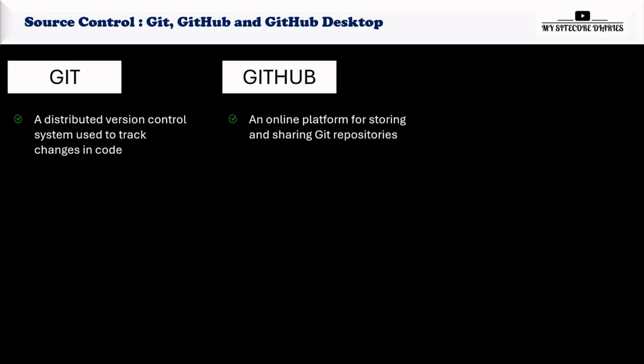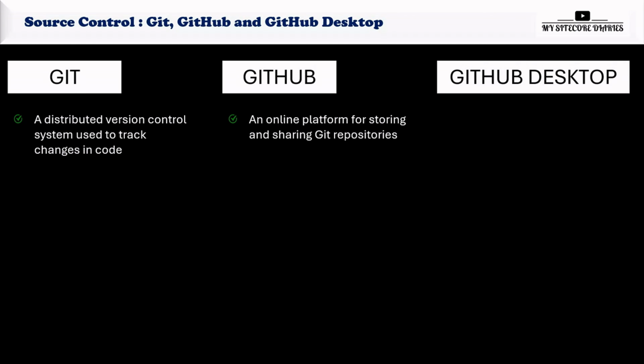GitHub is an online platform where developers store and share Git repositories. And lastly, we have GitHub Desktop. It's basically a graphical user interface, GUI, that simplifies Git operations, for managing Git repositories on GitHub.